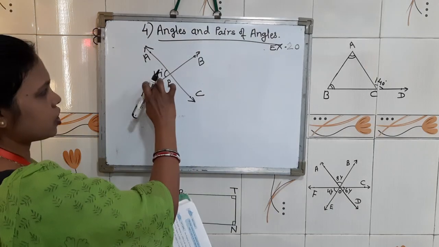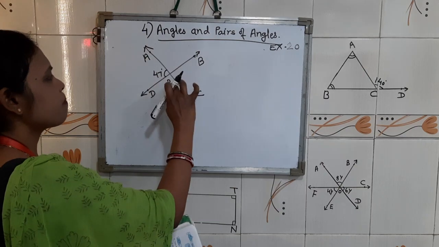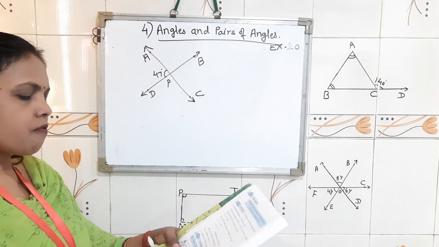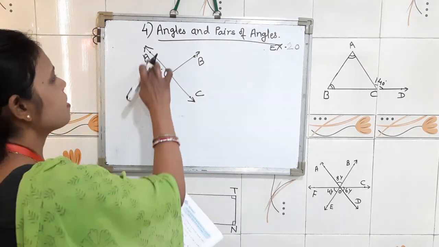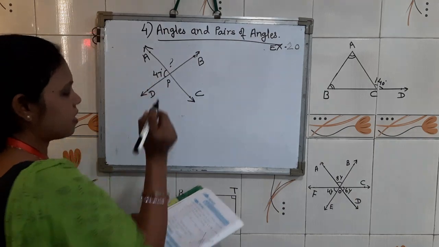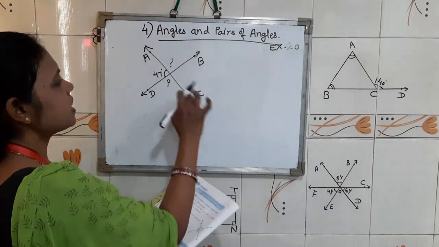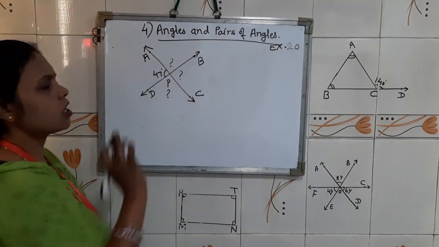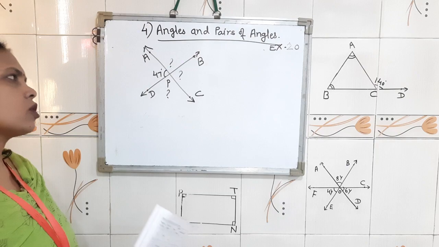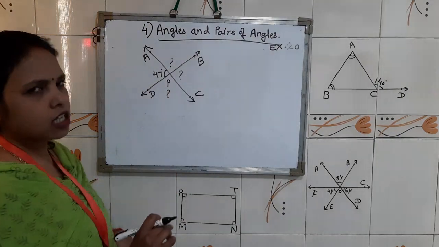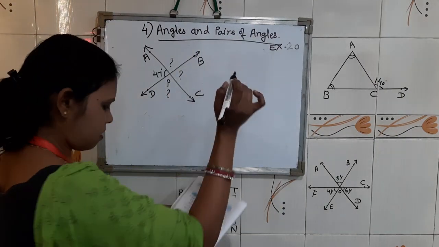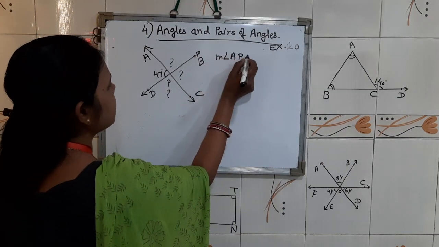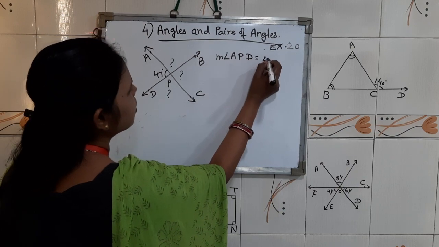Now here the question is given: angle APD is 47 degree. Now find the measurement of angle APB, here this angle. Next one BPC, this one. Next one CPD. Which one? I put a question mark. So children, one angle is given, that is the measurement of angle APD equal to 47 degree.